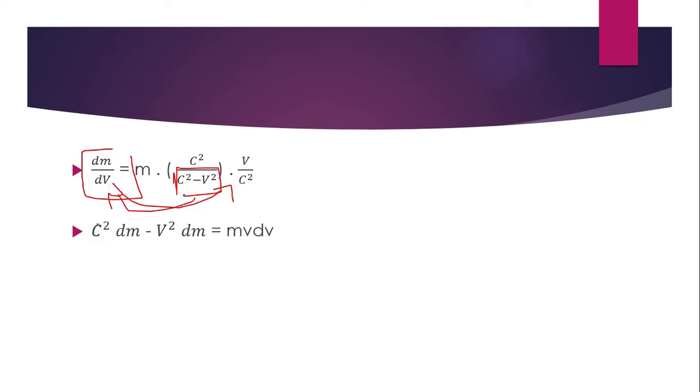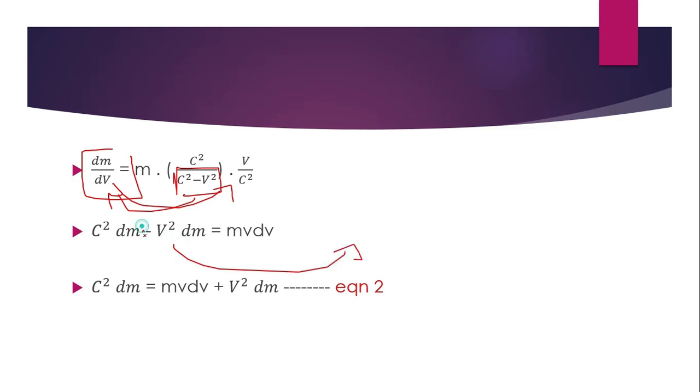So what we got is c square dm minus v square dm equals mv dv. After that we're gonna move this v square to the other side. So what we get is this new equation, mv dv plus v square dm.